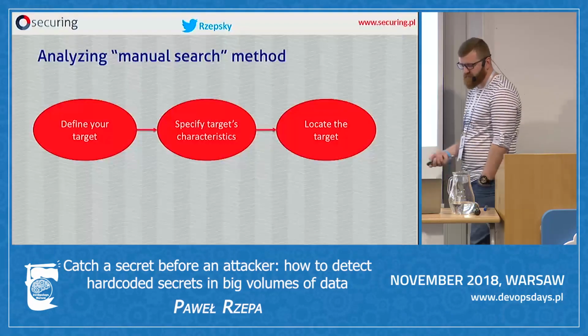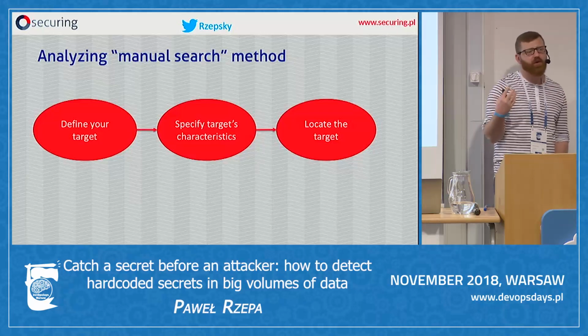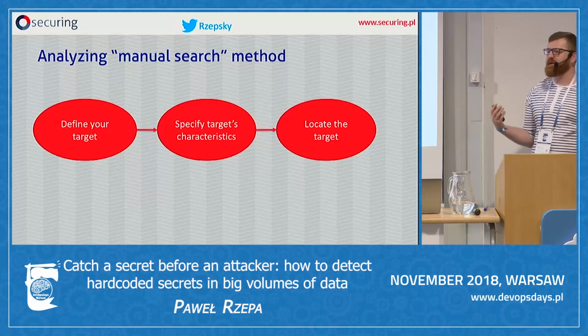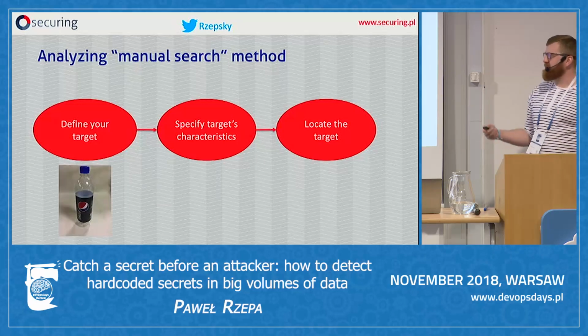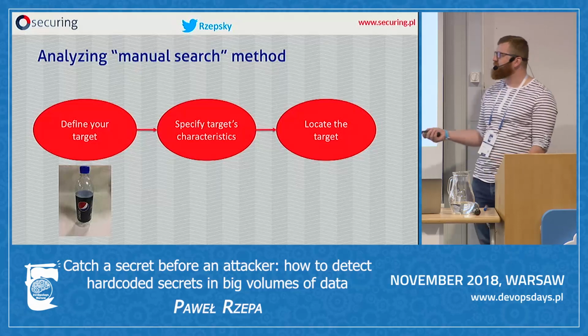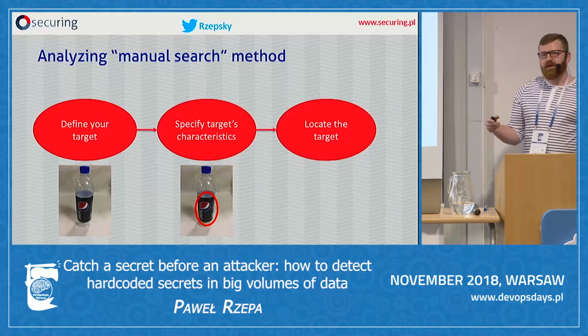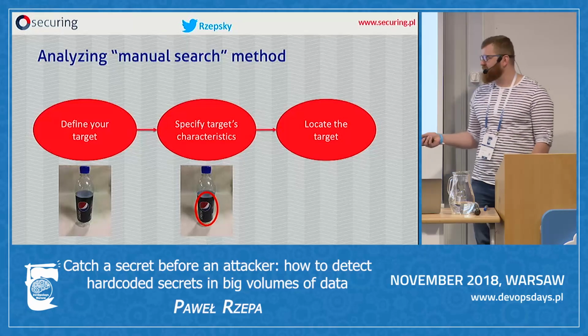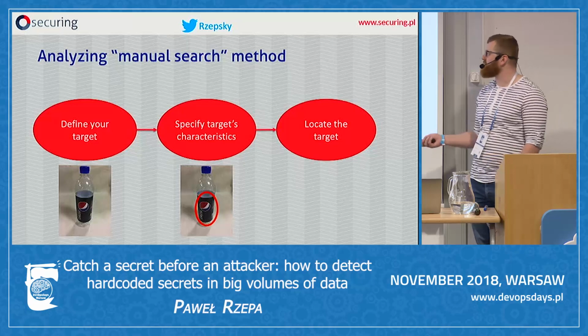To do this, firstly, let's analyze how human brains work in searching for secrets. First of all, you have to define some target. Let's say it will be the empty Pepsi bottle. Then specify the target's characteristics, like the logo of Pepsi on the bottle.